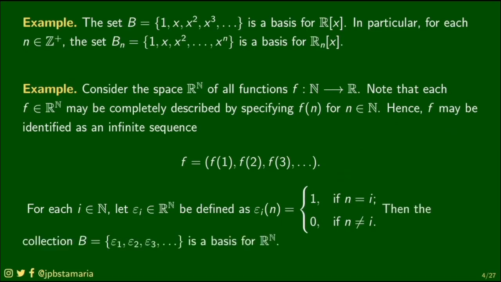In this case, the collection B consisting of the epsilon sub i forms a basis for R^N, because for every function, for example, if we have the infinite sequence f, say the sequence 1, 2, 3, 4, 5, and so on, then notice that we can just write f as a linear combination of the epsilon sub i.